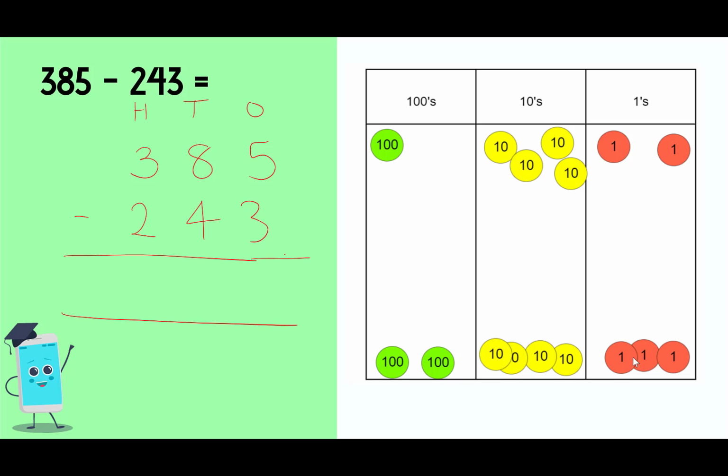I start with my 5s, and I always start by taking away the number below from the number above. So I'm starting with my 5 and I'm taking away the 3 from my 5.